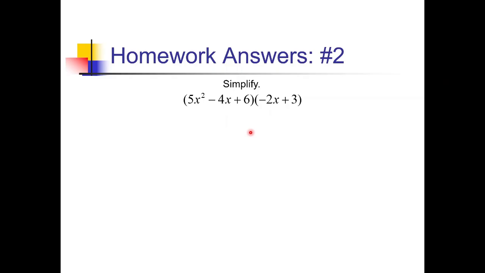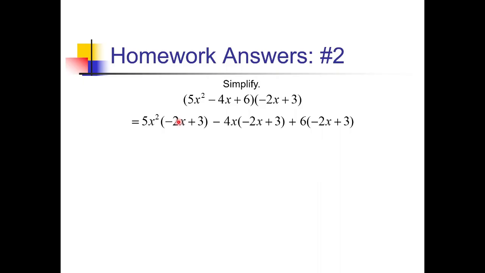For this problem, to get started, we're going to distribute everything in the first parentheses to the whole second parentheses. So we've got 5x squared times negative 2x plus 3, negative 4x times negative 2x plus 3, and 6 times negative 2x plus 3. Now we just have to distribute on each of these individual situations and combine the like terms after that.